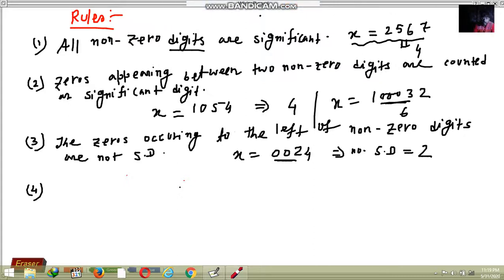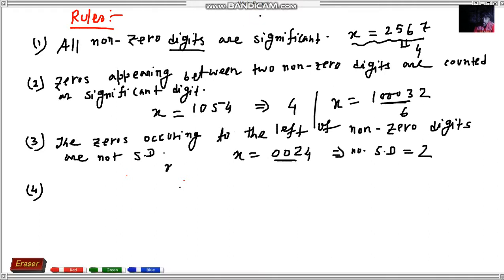So what I want to say is that here the zeros are at the left side. But if the zeros are at the right side, then what will be the thing? In this case there is a decimal like this, if x is equal to, suppose, 0.0042, then there will be no problem. If x equals 0.0042, then also the significant digit will be 2.